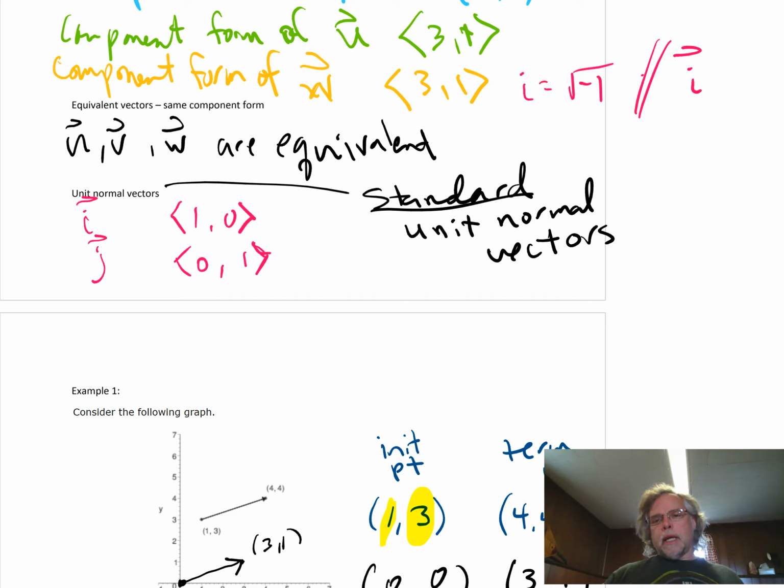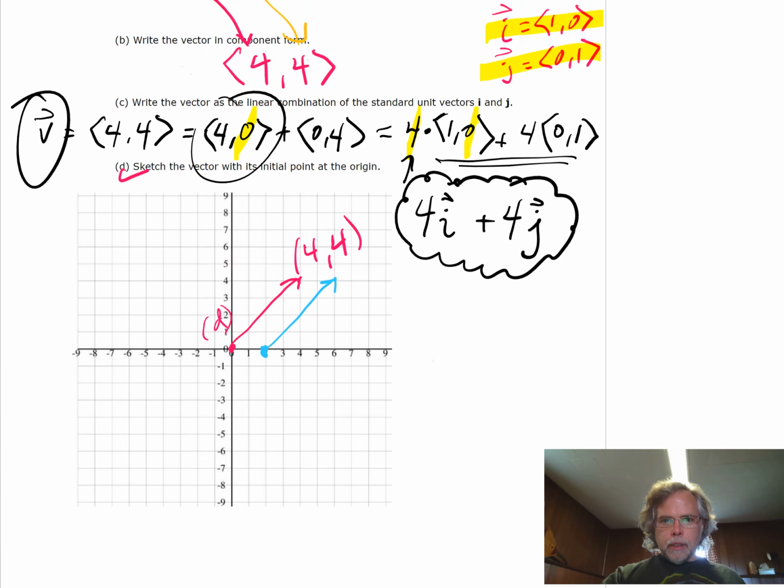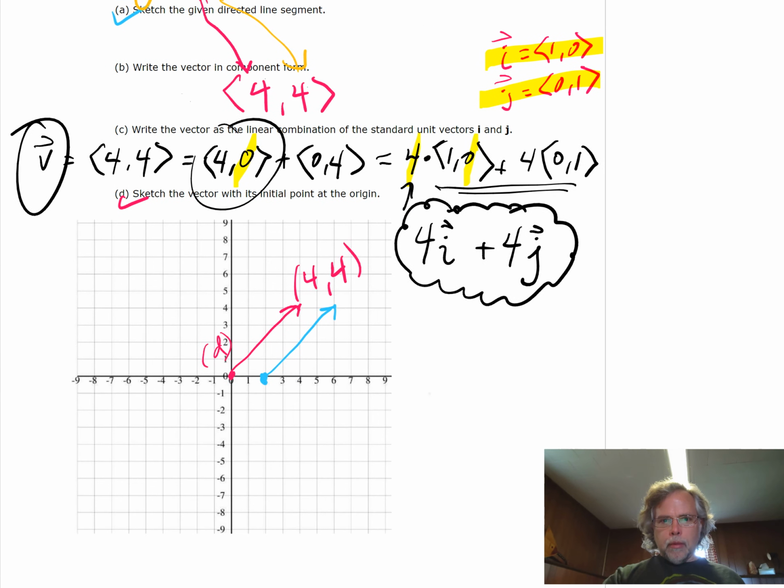The point is that unit normal vectors could be any two vectors, each of length 1 with a right angle between them, but could be anywhere. But the standard ones are these two.